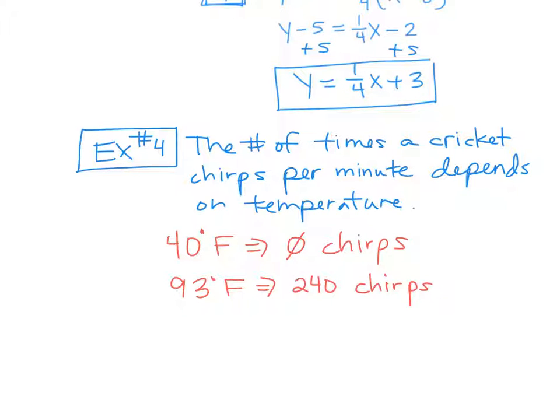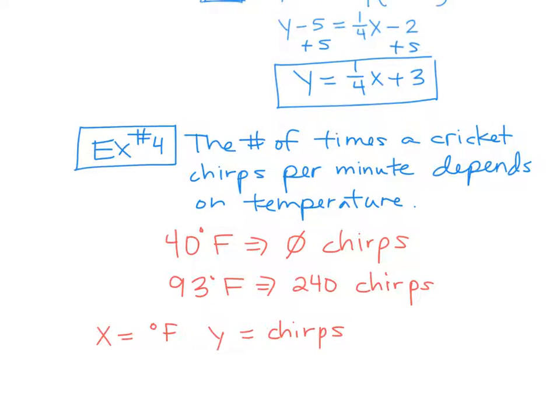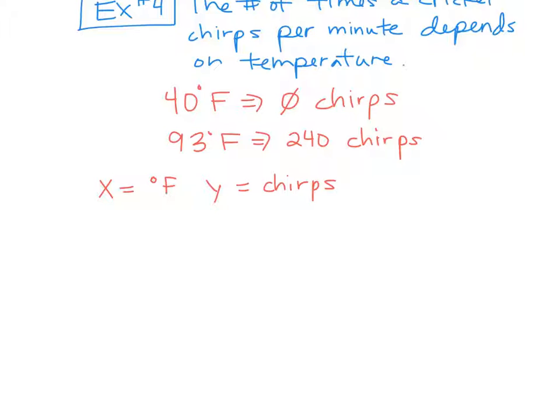So if we're gonna call our X our temperature and our Y the number of chirps, okay, your job is to write an equation. So if you think of this as points, essentially you have 2 points here.